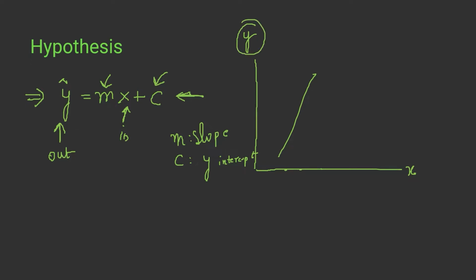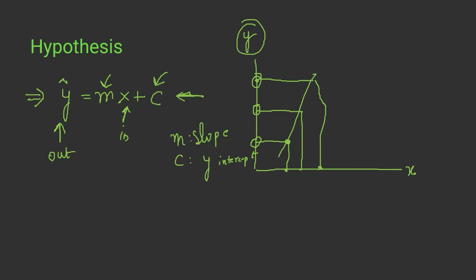How? You can simply enter x in your hypothesis, mx plus c, so corresponding to this x value we have this y value, and corresponding to this x value we have this y value. These will be the predicted values of y. So this is how a linear regression model works.